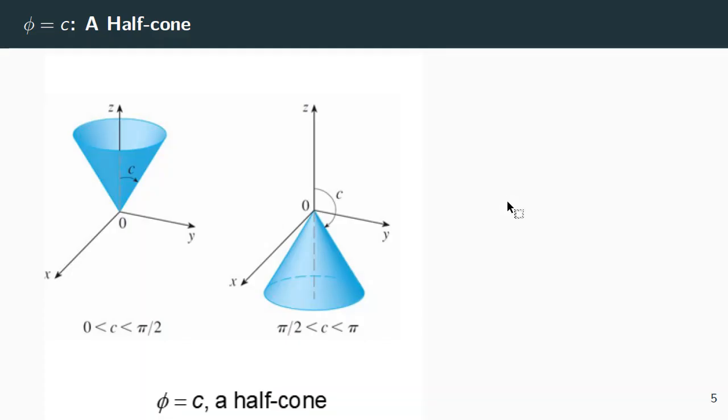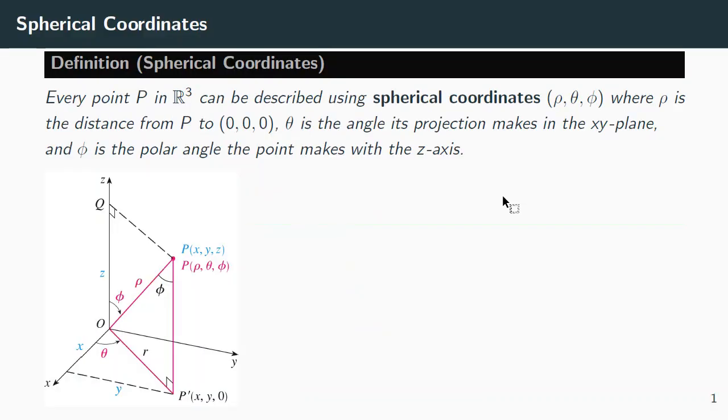So let's go back up to this picture right here and see what r is. Well, r is this distance down here. That distance would be the same as this distance right here, which would also be r. And this would be z.